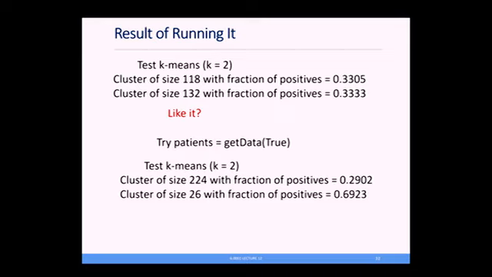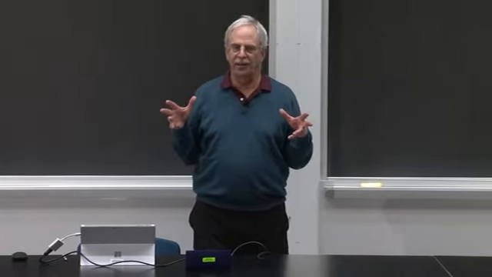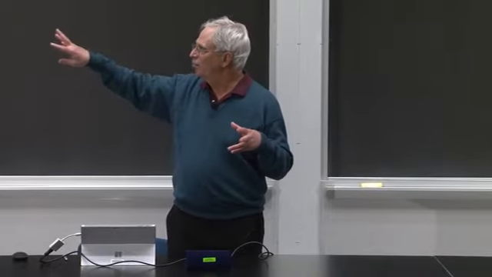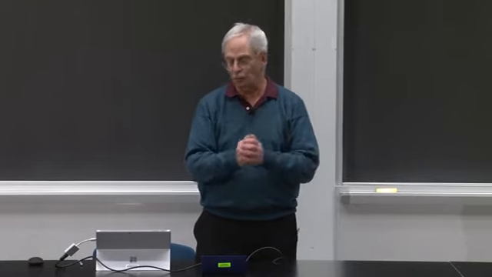So this has pretty good specificity, or positive predictive value, but its sensitivity is lousy. Remember, a third of our initial population, more or less, was positive. 26 is way less than a third. So in fact, I've got a cluster that is strongly enriched, but I'm still lumping most of the positive patients into the other cluster.